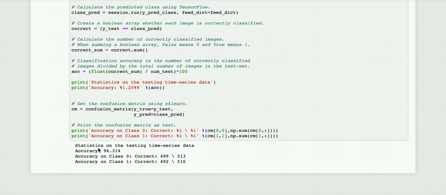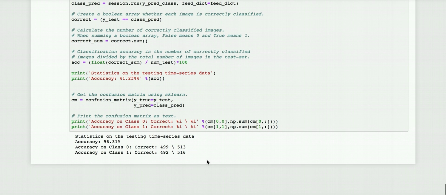And if we examine the accuracy on each class, on class 0, it's classified 499 time series samples correctly out of 513, and on class 1, it's correctly classified 492 instances out of 516. So there's no kind of class mismatch either. It seems to be able to classify each class adequately.